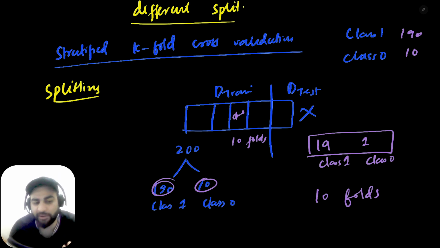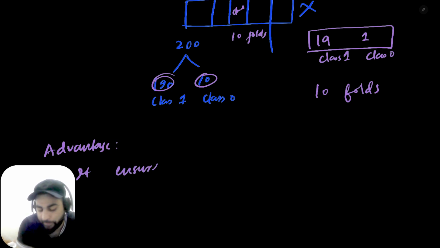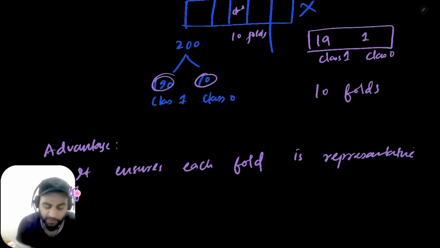So what is the advantage? The advantage is it ensures each fold is representative of the overall class distribution.